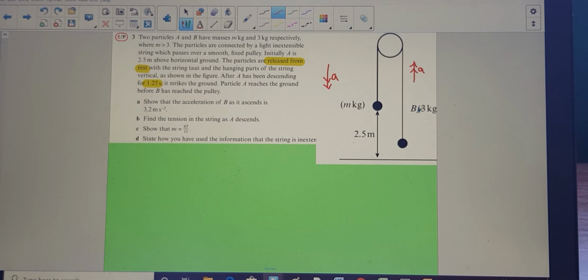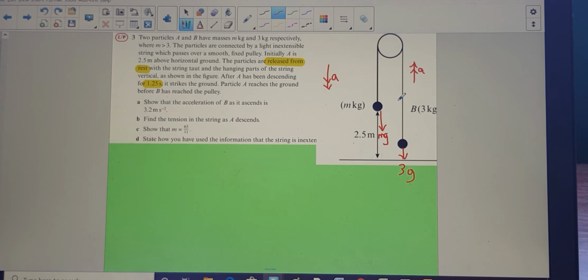This acceleration down is exactly the same as the acceleration up. Okay, think about other things. This has a mass of 3 kilograms. Therefore, its weight is going to be, sorry, I keep doing that, just mass, which is 3, times gravity, which is g. So 3g. This one is m, therefore this is going to be mg.